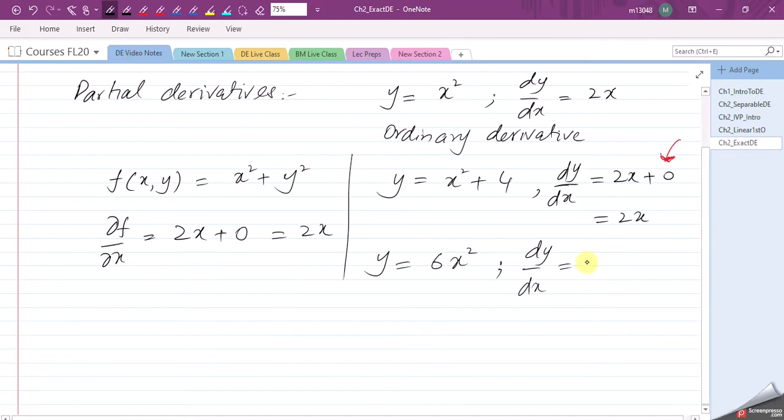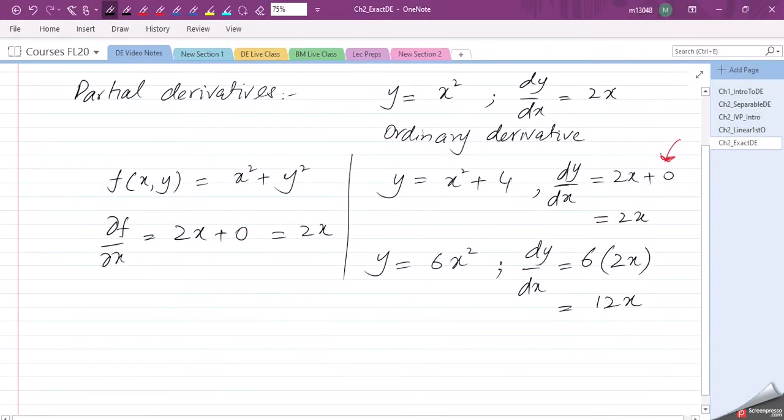No, derivative of 6 is not 0 because 6 is being multiplied with x square. Here 4 is in the addition form. If it is plus or minus a constant, then the derivative is 0. If it is multiply or divide, then the derivative of the constant is not 0. Rather, we write 6 multiplied by derivative of x square, 2x. So the answer is 12x.